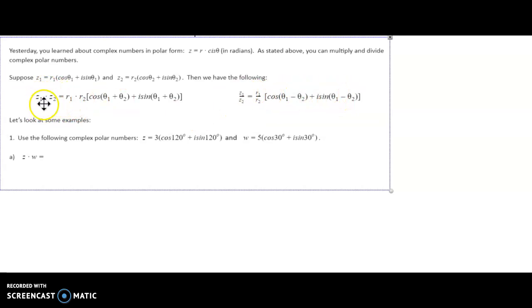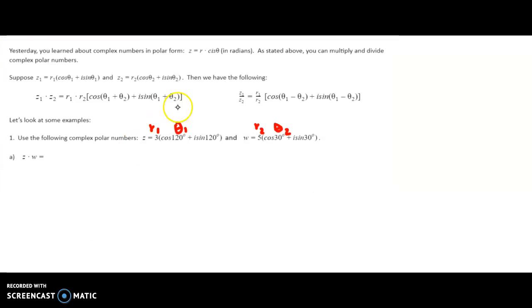Okay, so for example one, we're just going to go ahead and multiply these. But before I do, I'm going to first label these. Those are r1 and theta 1. So when it says z times w, notice here we're going to multiply the r's together. So 3 times 5, and then the cosine of, and then it says to add the angle measures.